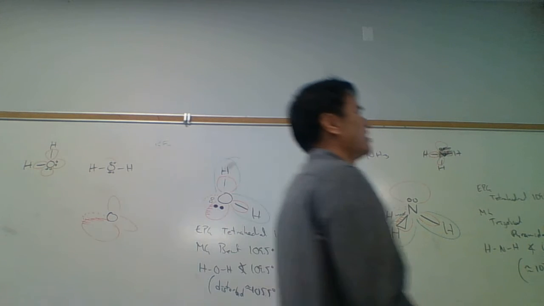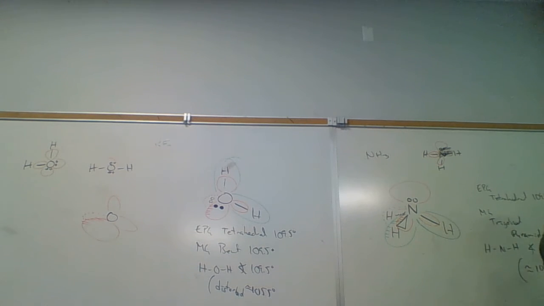These are all showing the tetrahedral EPG, 4 groups. Here we have 4 bonds. Here we have 3 bonds and 1 lone pair. Here we have 2 bonds and 2 lone pairs. They're all tetrahedral EPG because they all have 4 groups. So the MG is different. This is a tetrahedral MG. The H-C-H angle is 109.5.